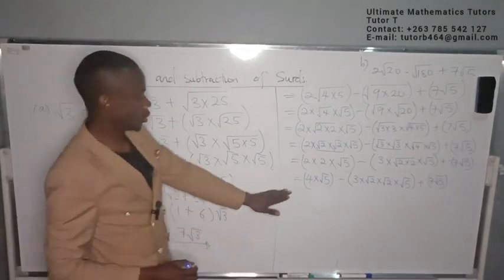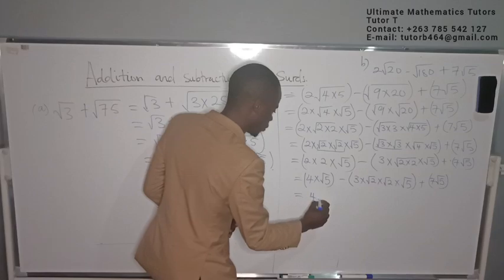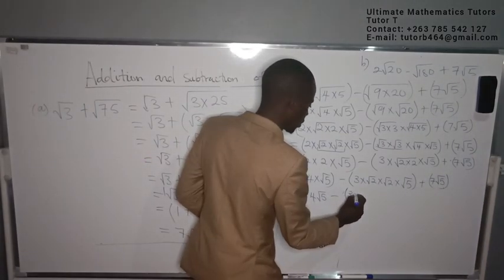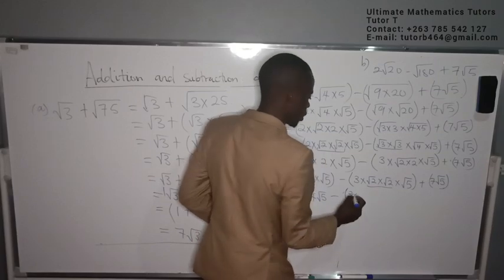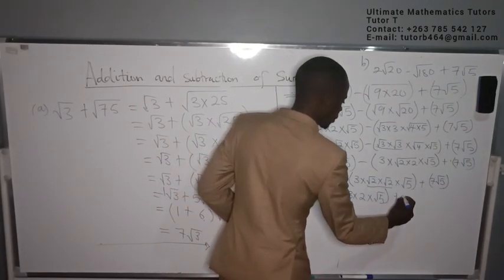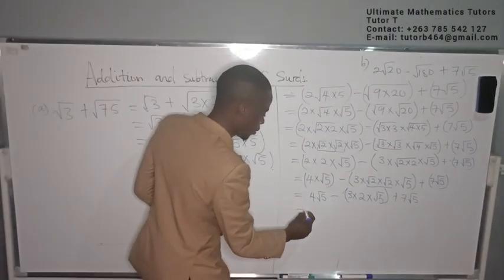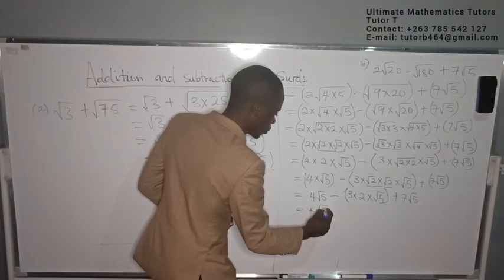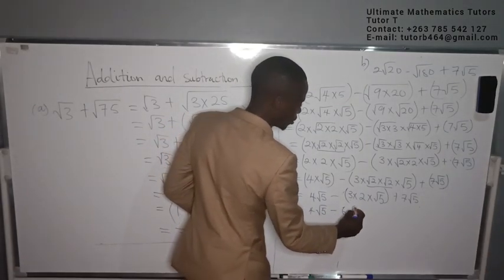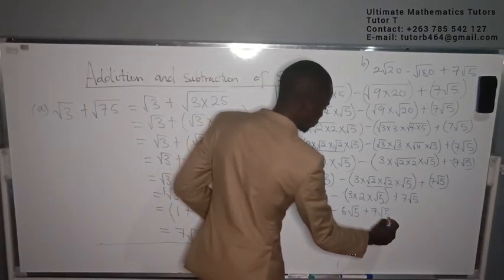At this level we're going to be left with 4 root 5 minus 3 times, remember, root of 2 times root of 2 is 2, times root of 5, plus 7 root of 5. Now 4 root 5 minus 2 times 3, that is 6 root 5, plus 7 root 5.